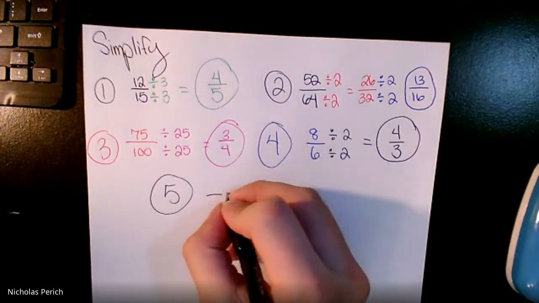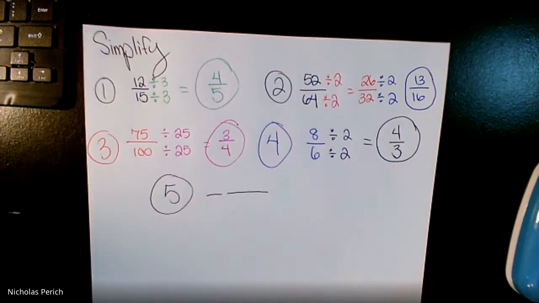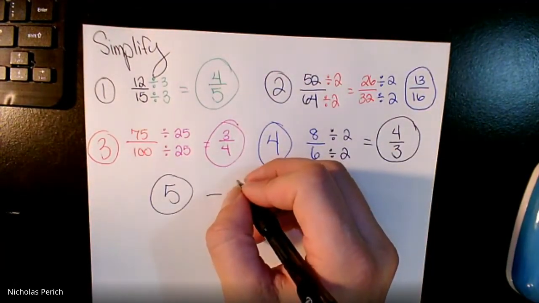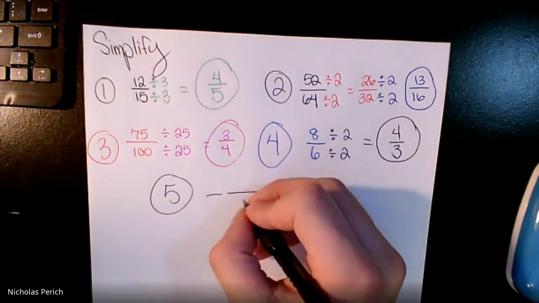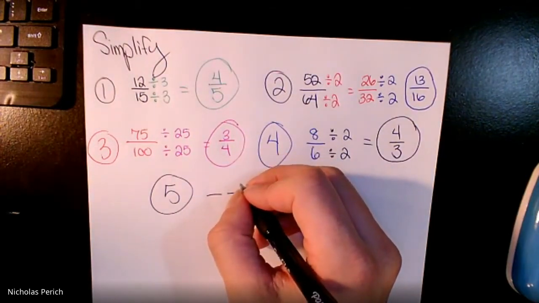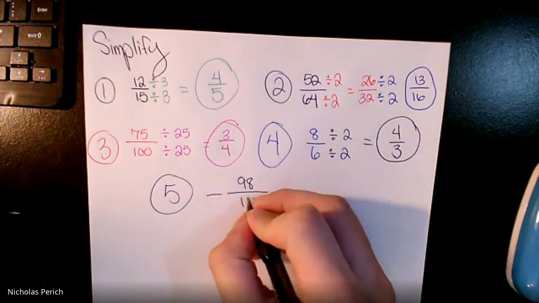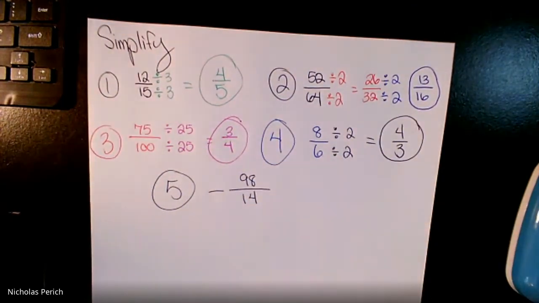Let's throw a negative in front of it. Let's be adventurous, shall we? Let's do negative 98 over 14. I have an even number over an even number.